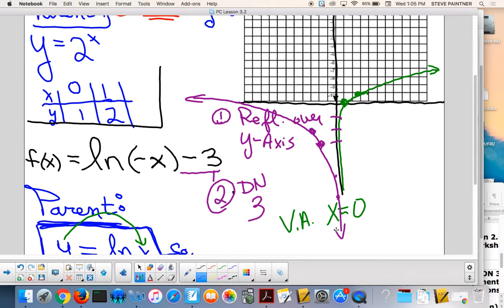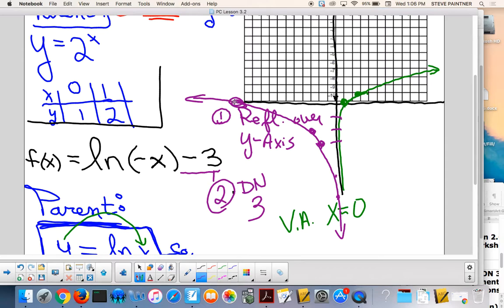I know I did not ask you for this, but please do it anyway, because it's on the quiz. Right now, would you go find the x-intercept? It's about right here, somewhere in that area. Go find it. If you can find it, you're pretty good. This is not easy. And don't use your calculator. I mean, don't graph it and use your calculator to find it.